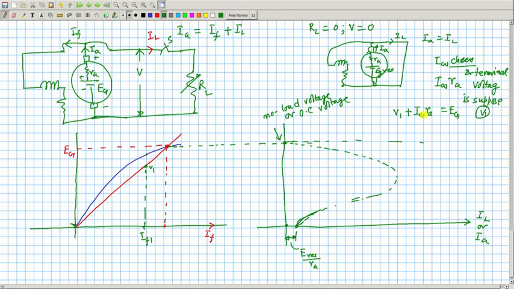V1 plus IA1 into RA must be the generated voltage. And what is IRA? IRA is this drop, IA1 RA, and I will say the generated voltage is now this much.